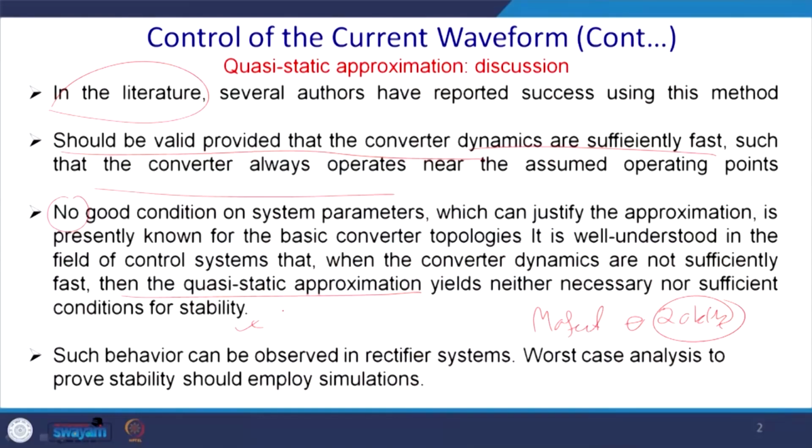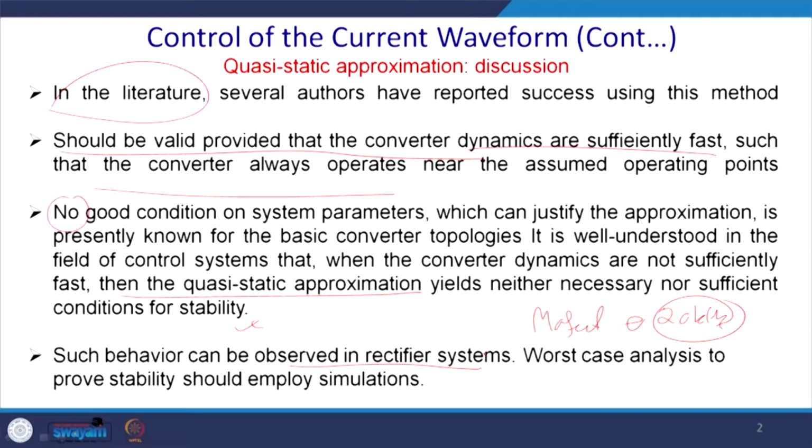Then it will not be stable, even though you have changed the value of the inductor accordingly and maintained all those constraints, because the quasi static analysis may not be sufficient for the slow behavior, and such behavior can be observed in the rectifier system.